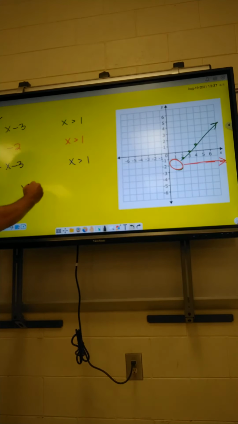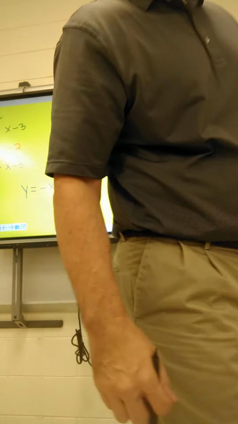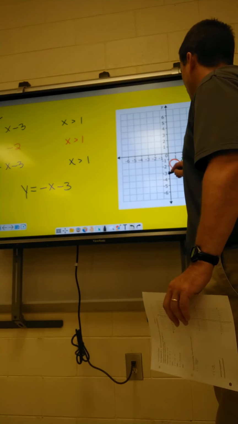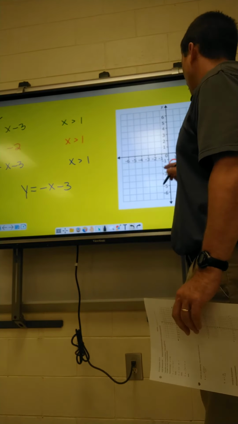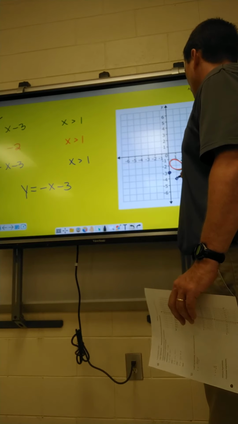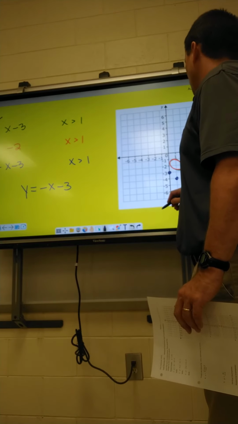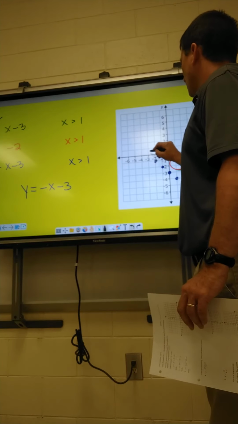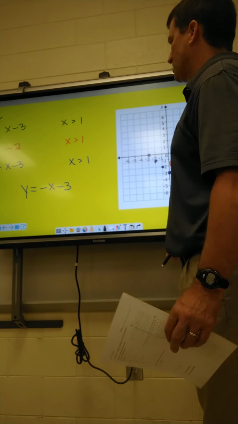Last one's y equals -x minus 3. Go ahead and graph that one. Start at -3. Down 1 over 1. All right, which side are you going to keep?